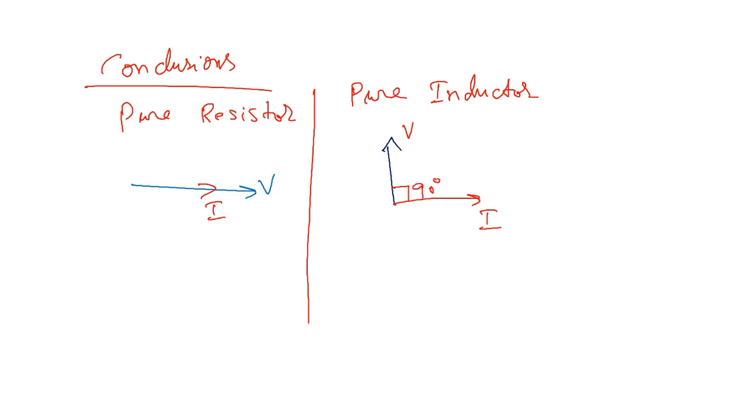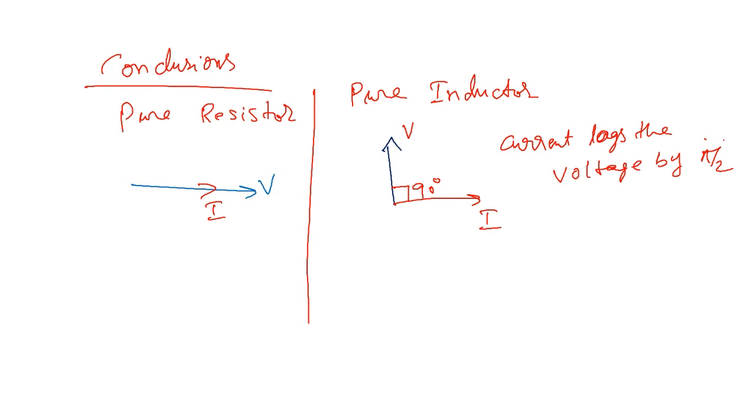It means in a pure inductor, current lags the voltage by pi by 2, 90 degrees. So the current is lagging, and voltage is ahead. So here, current lags the voltage by 90 degrees.